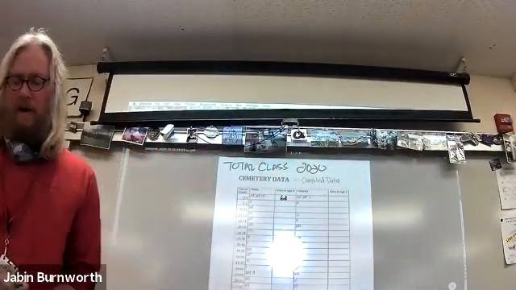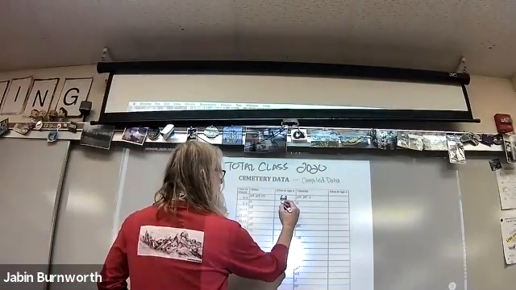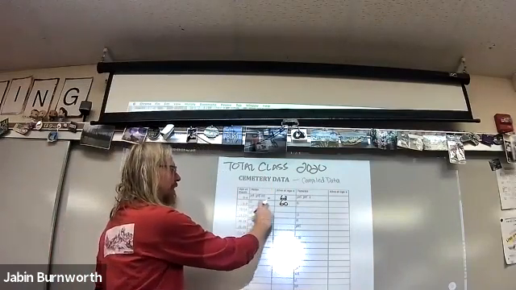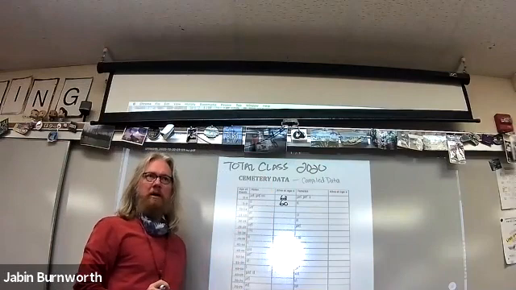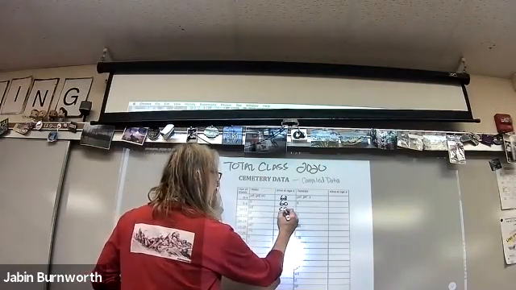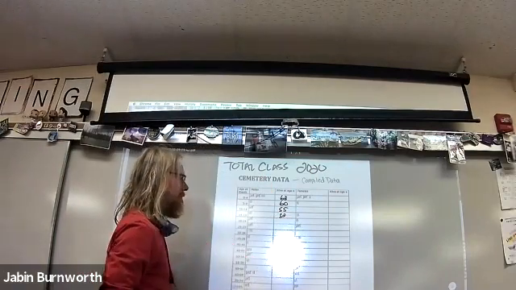Y'all with me on this? Right? So now 62, minus 2 is 60, right? Because I had 2 dead there. Are you following me here on how this goes? 60 minus 5 is 55. 55 minus 3 is 52, right?